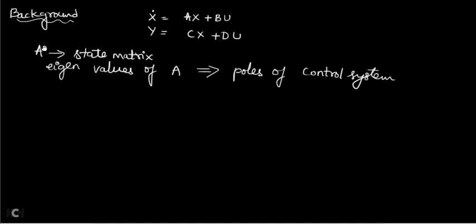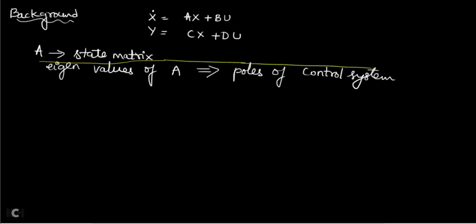So that is how, by using this capital A state matrix, you can tell whether the system is unstable or not. First, you need to calculate the eigenvalues of the matrix A, and if the eigenvalues are all present on the left hand side of the S-plane, then you can tell the given control system is a completely stable system.